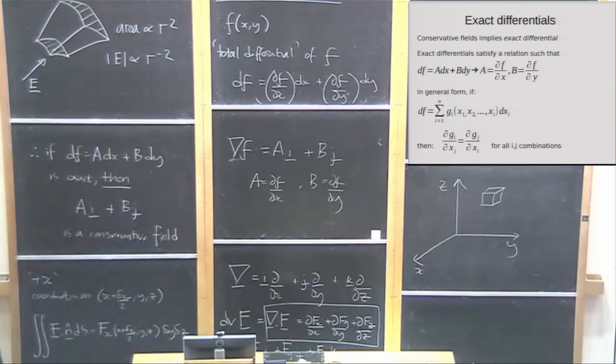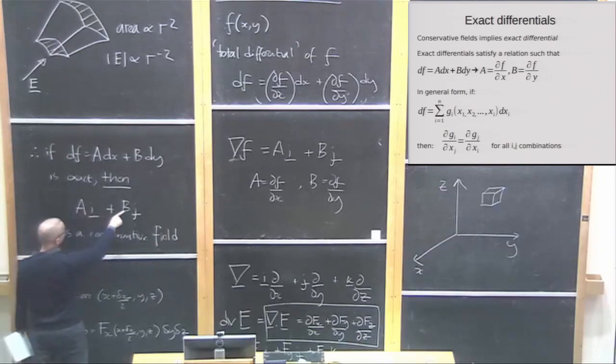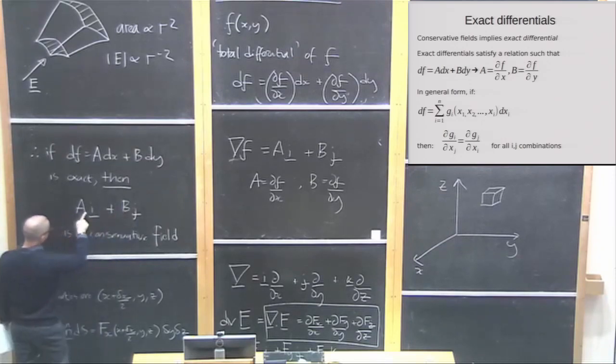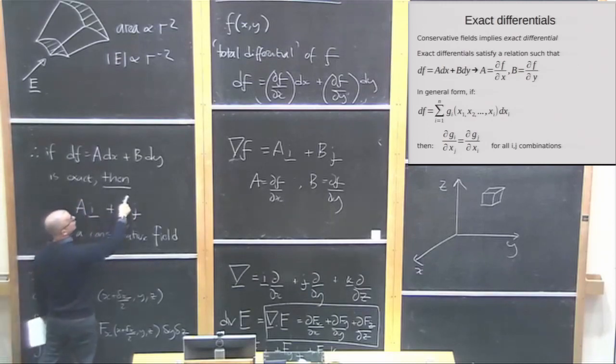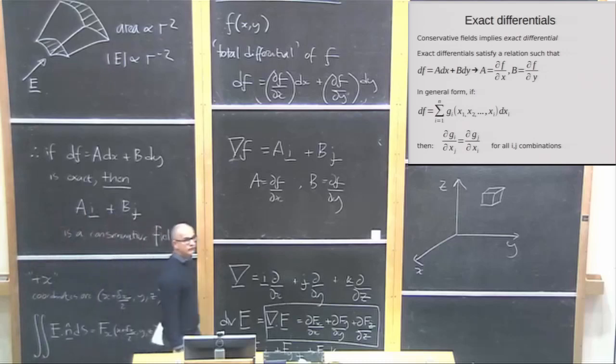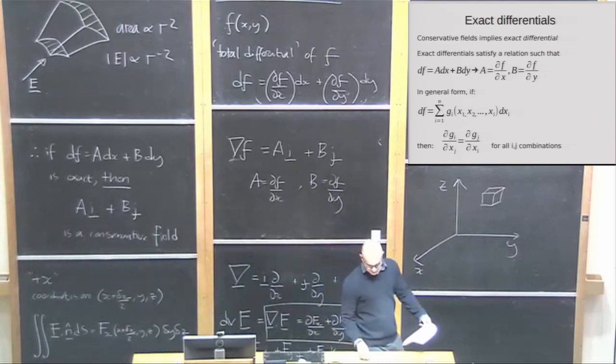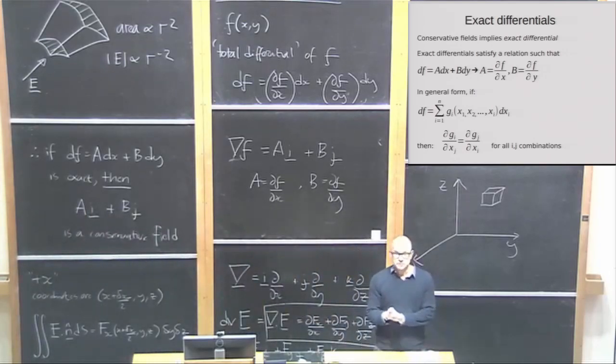Okay? And it won't surprise you to find out that the standard test we use is the test associated with the fact that second derivatives commute. So if your a here is your df dx and your b is your df dy, then we take the derivative of a with respect to y, and that should equal the derivative of b with respect to x if it was an exact differential, which means if your field is conservative.